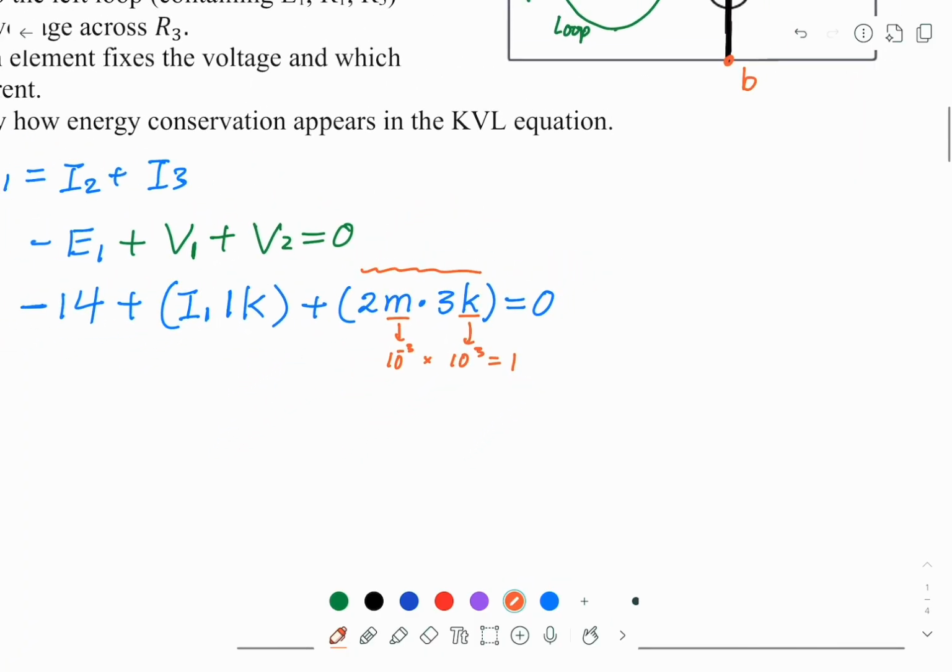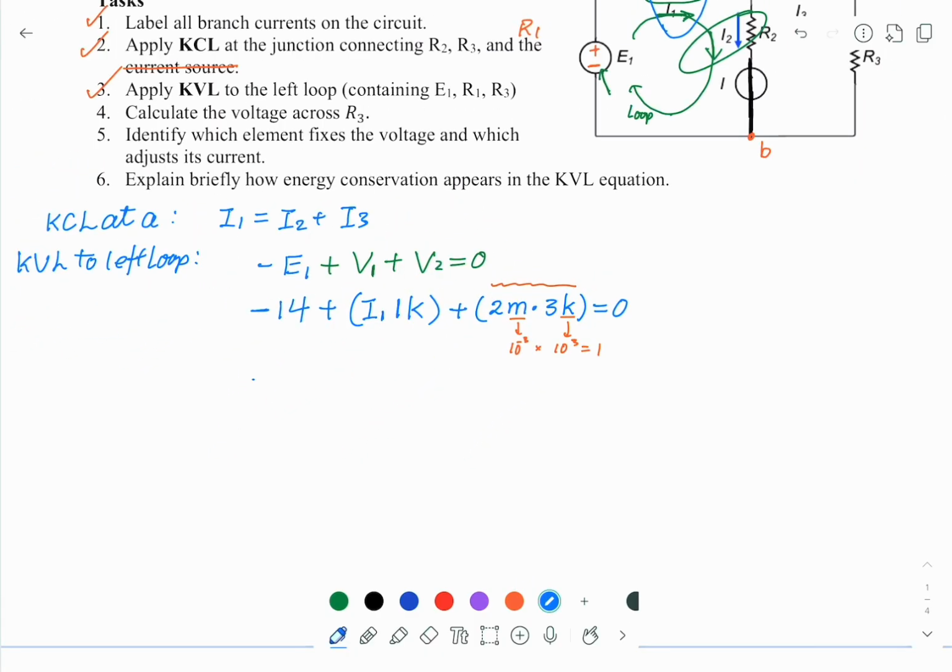So what I mean is, you can rewrite this one as minus 14. I tidy up, I put 1k I1 plus 6 equal to 0. So 1k I1 equal to 8.